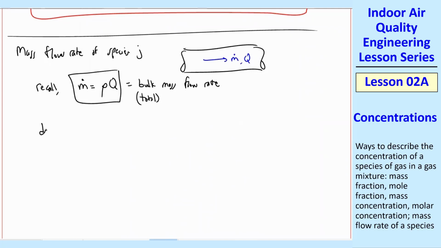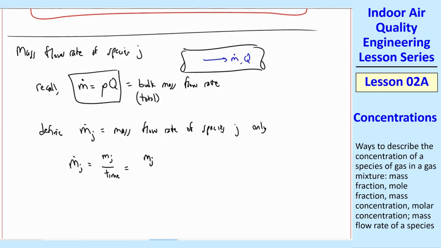So now let's define m dot j as the mass flow rate of species J. So pick one of these contaminants, or it could be the air, but typically we're talking about species J, the mass flow rate of species J only. And so we'll define m dot j as mj, mass of J over time, which is mass of J over volume times volume over time.